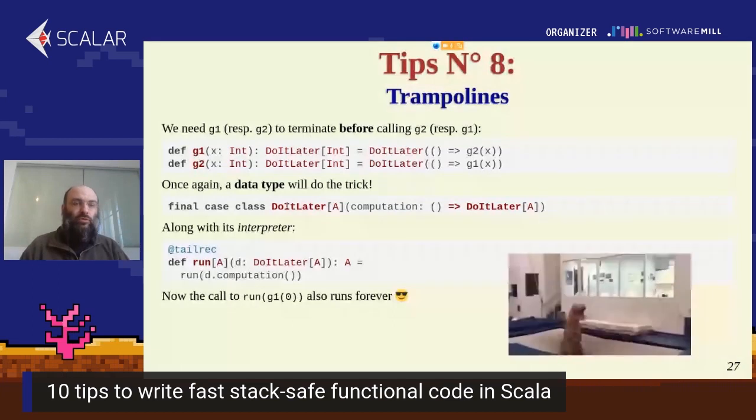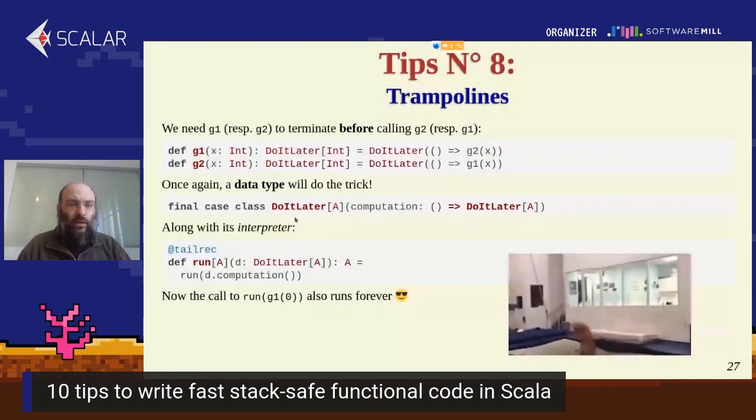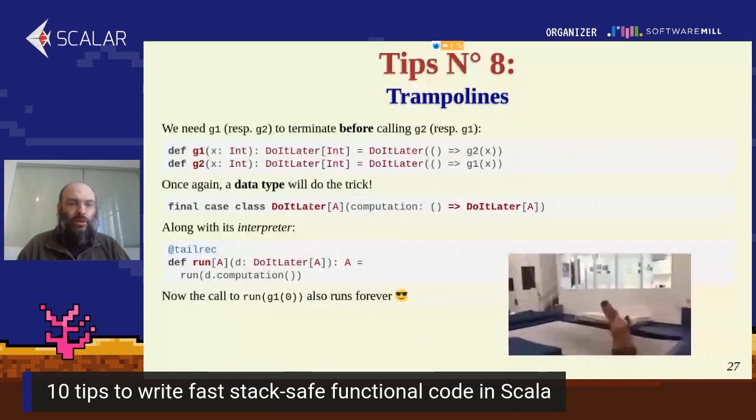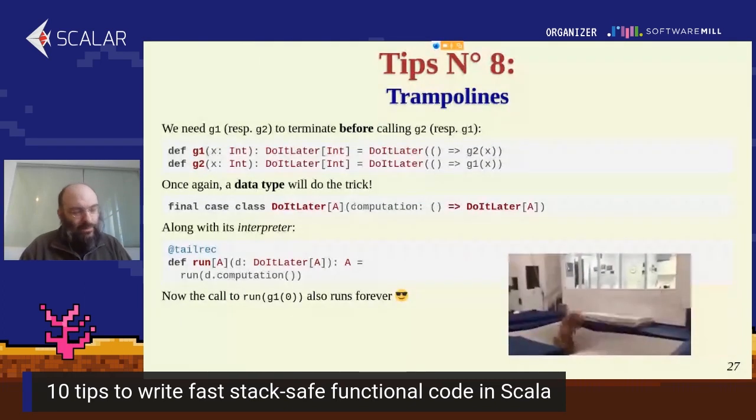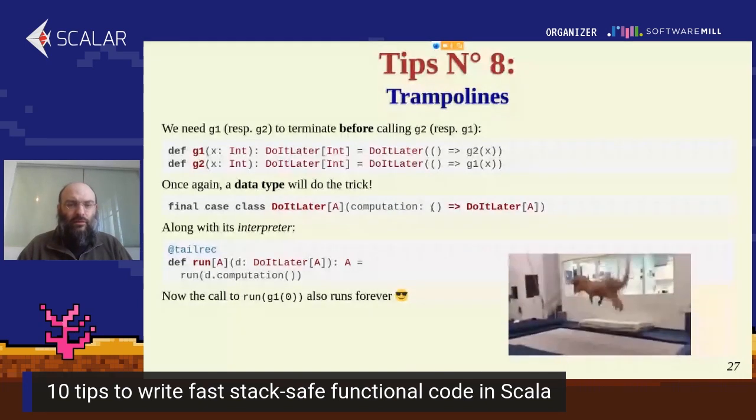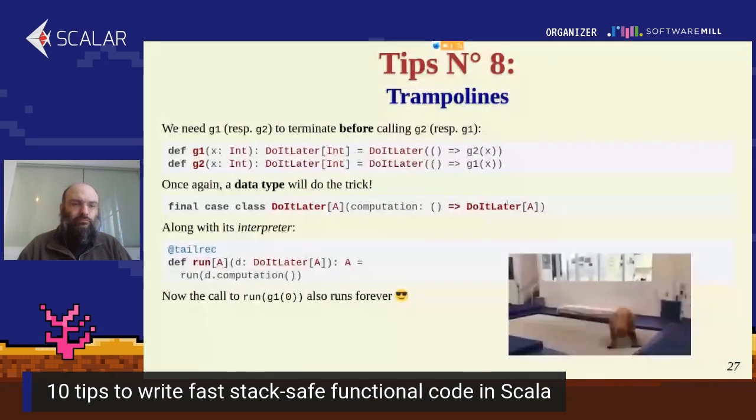What we can do to achieve it is very simple. We just have a data type. That's a very silly data type, actually, but it does the trick. We just say, okay, that's a thing. And say, okay, that's a function, just do it later. Just that, do it later.